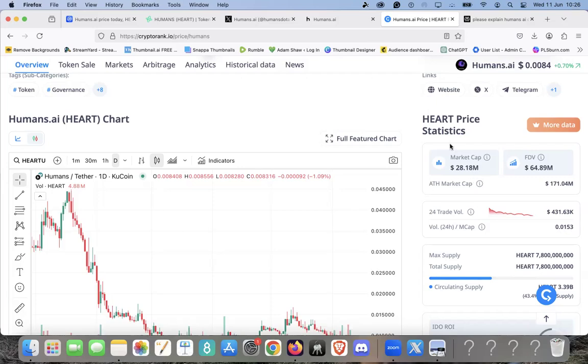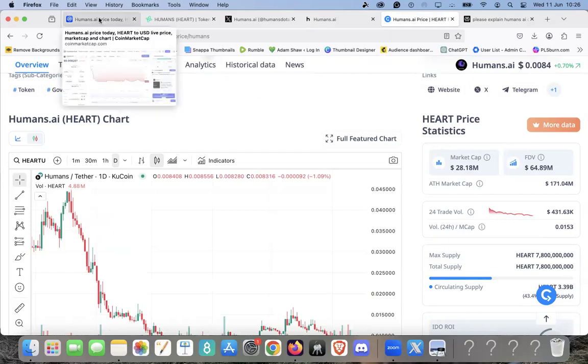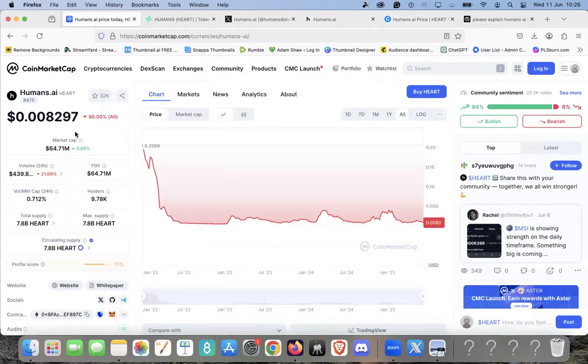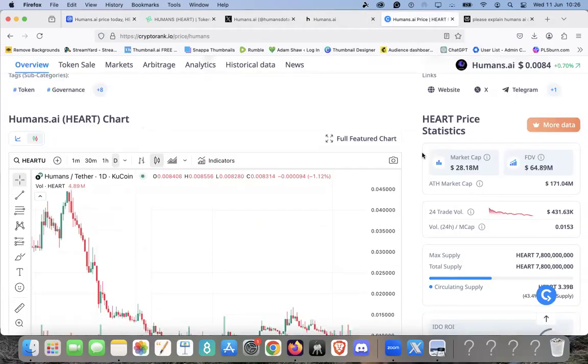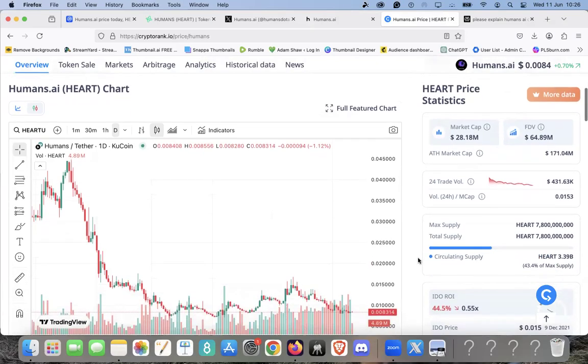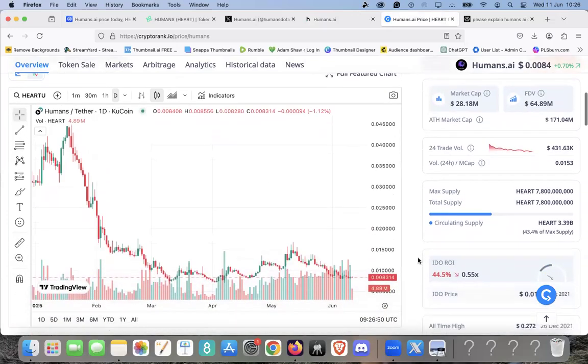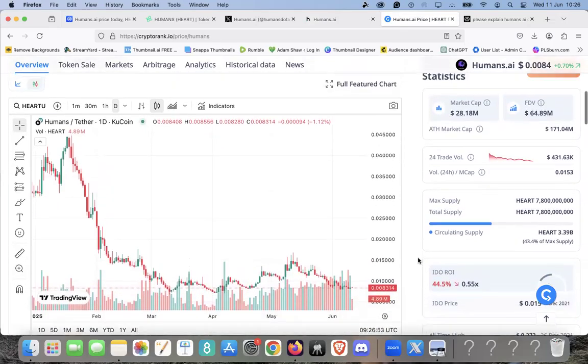So already we're dealing with information from different sources, because look, we've got market cap here, 64 million. They're saying the market cap is 28 million. Now that's quite a difference.